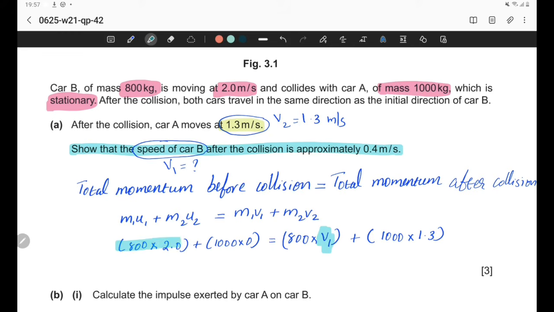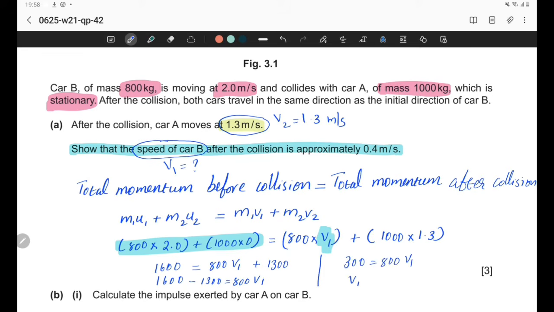By solving the left hand side, we will get 1600 is equal to 800 v1 plus 1300. So we can take 1300 to the LHS. So we will get 1600 minus 1300 is equal to 800 v1, that is 300 is equal to 800 v1.